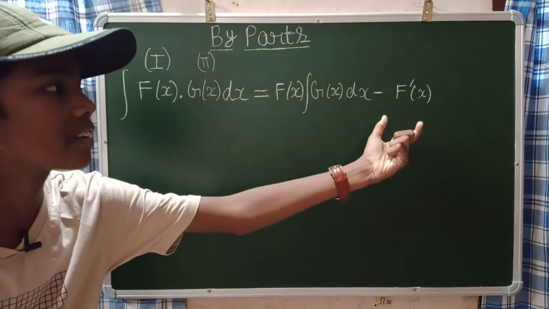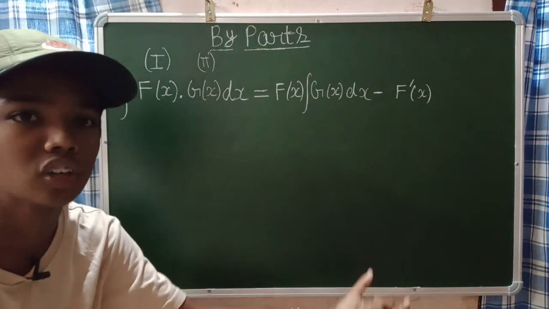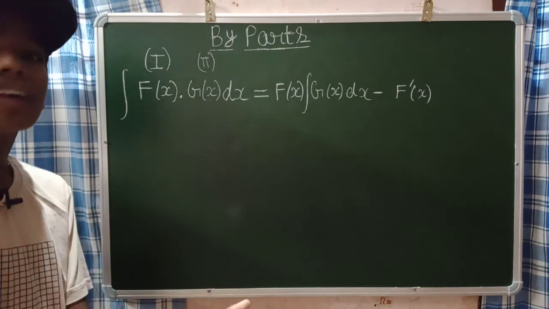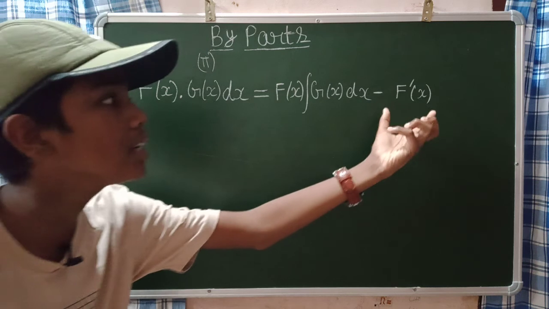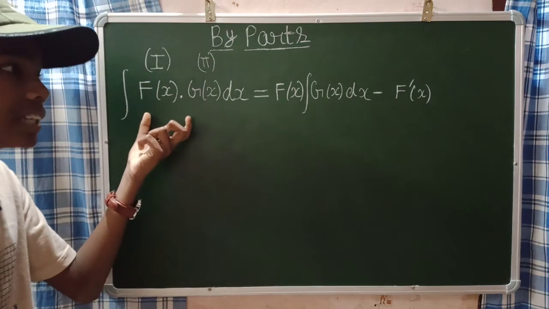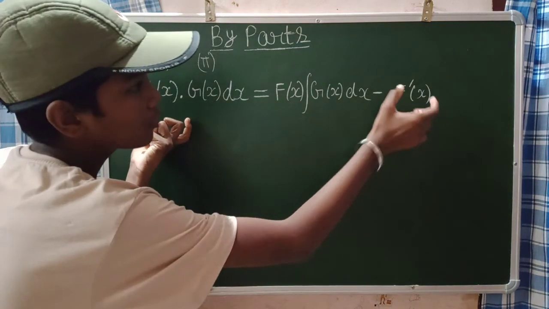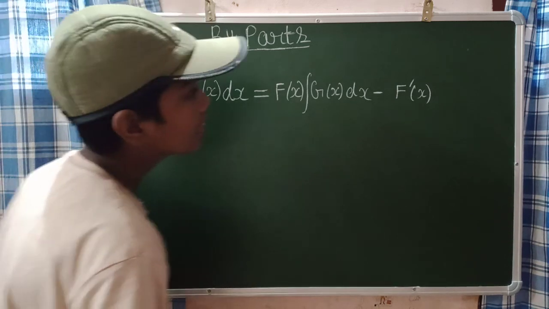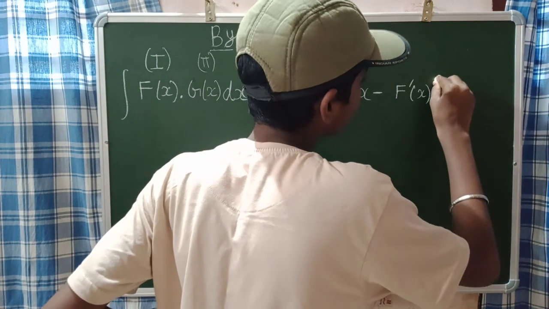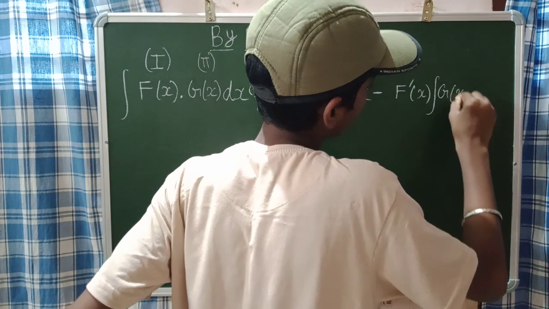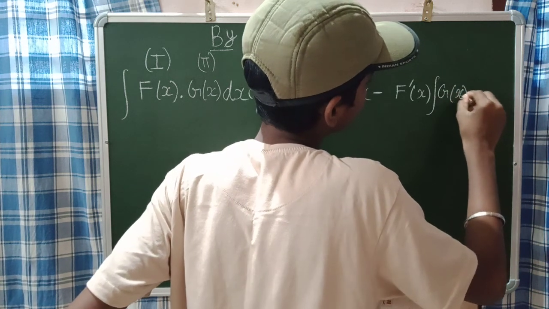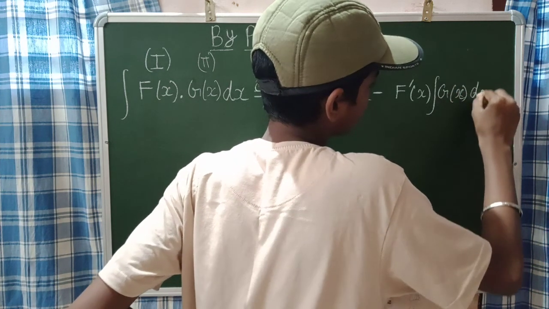The derivative of f of x is represented as f dash of x, so the derivative of the first function is f dash of x, then the integral of the second function, which is the integral of g of x dx.